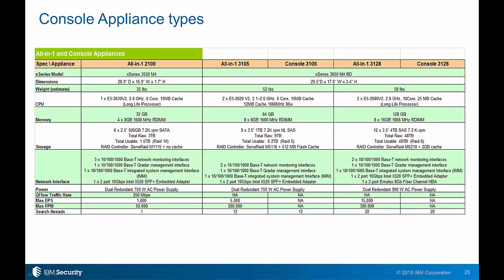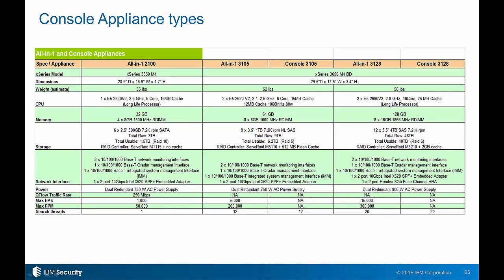The next type of appliances is the 3105 series. They can either be deployed in an all-in-one environment or in a distributed environment. This type of appliance is designed for medium environments. The appliance has two 2.6 GHz 6-core processors and comes with 64 gigs of RAM and a total of 6.2 terabyte storage capacity.